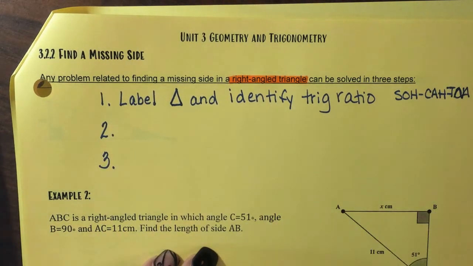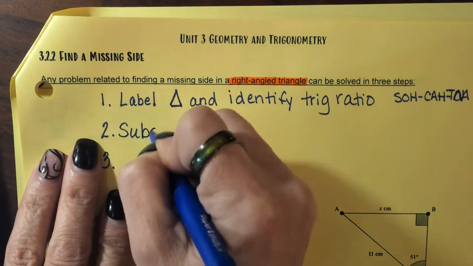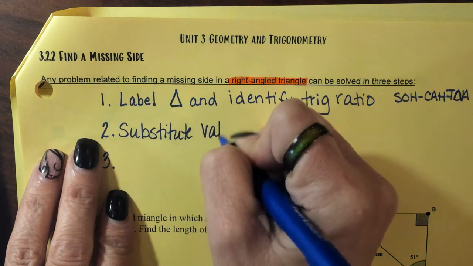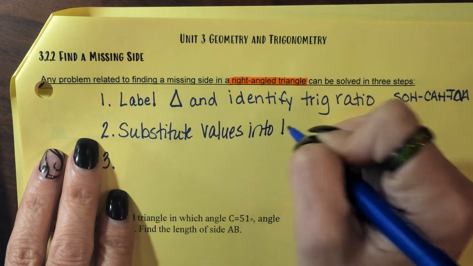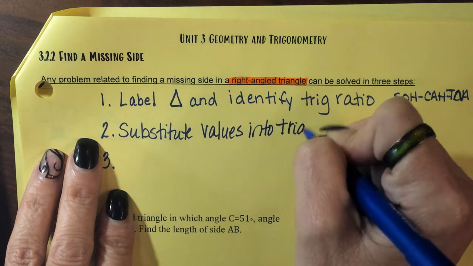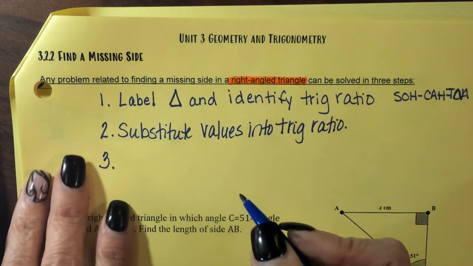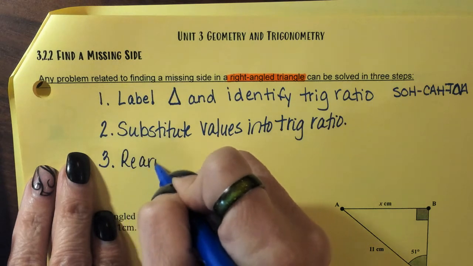Then we need to substitute the values into the correct ratio. So we're going to substitute the values into the trig ratio. Then we're going to do what we just did a while ago. We're going to rearrange it and solve.